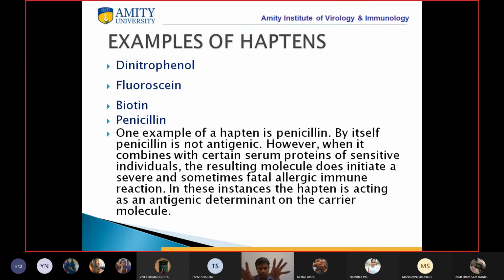I'm just mentioning it, and I'll make it more clear when we talk about hypersensitivity. Sometimes in these cases, the hapten is acting as an antigenic determinant on the carrier molecule. Is this clear? Any questions on this?